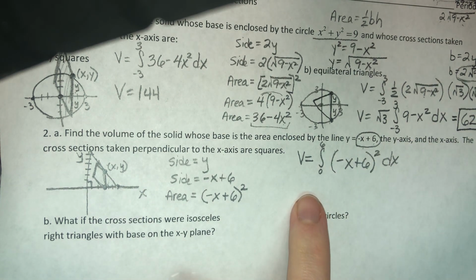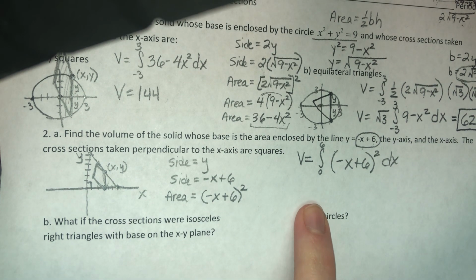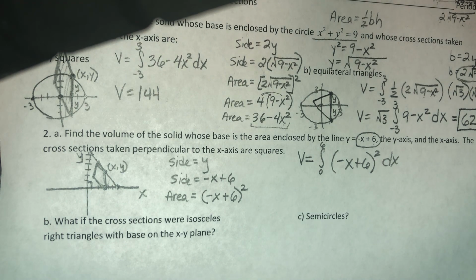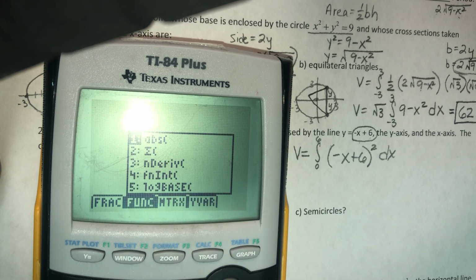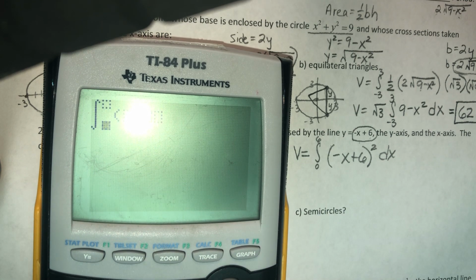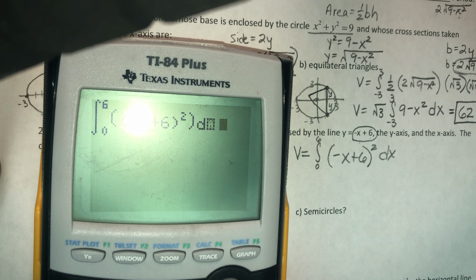Now, if I was doing this by hand, I would FOIL that out and combine like terms so that it was simplified before I started doing power rule backwards to integrate. But I'm going to do this one in the calculator. So I'm going to go alpha window number 4 for function integration. 0 to 6 are my limits of integration. I'm going to add a parentheses, negative x, plus 6, close parentheses, squared, dx.